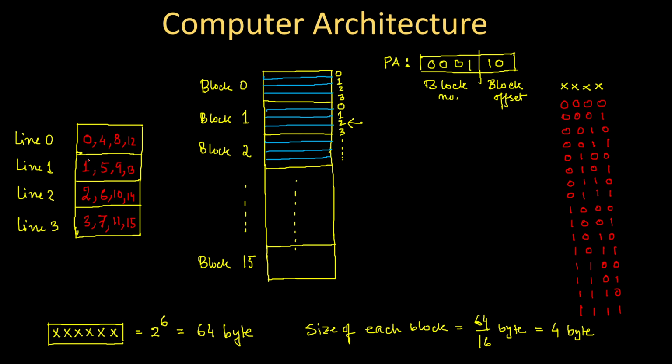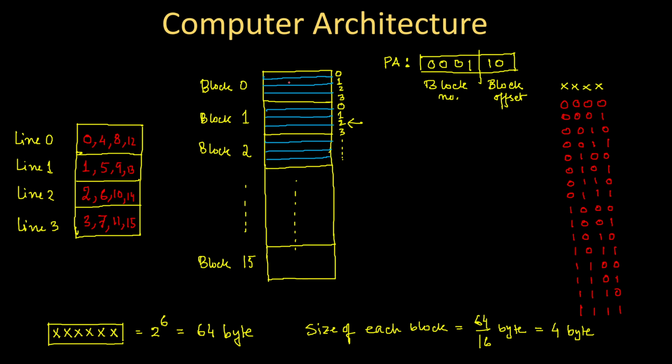What I am saying is that I have 2 to the power n number of main memory blocks. Here 16 main memory blocks, that means 2 to the power 4. So if I have 2 to the power n number of main memory blocks, each can be mapped to a particular line of a cache memory.